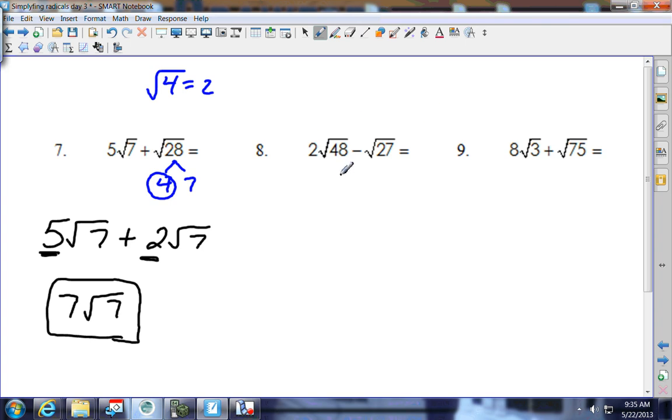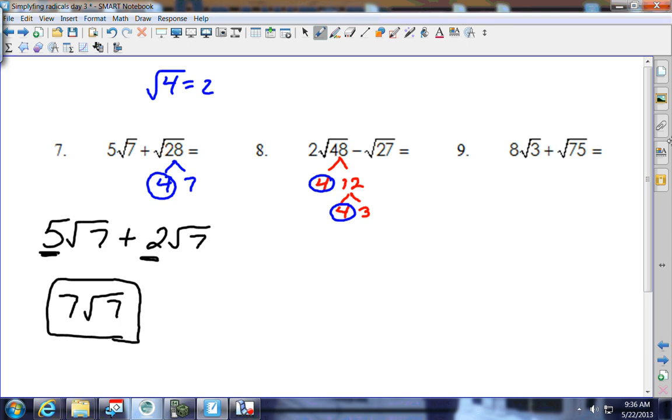All right, on number 8, neither one of these is in simplest form. 48 is 4 times 12. 12 is 4 times 3. I know that these are perfect squares, right?